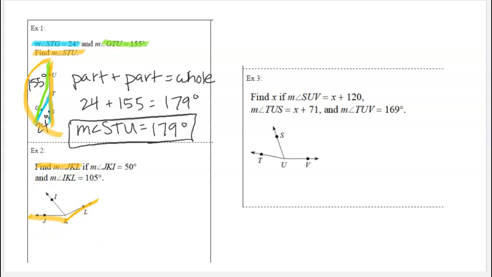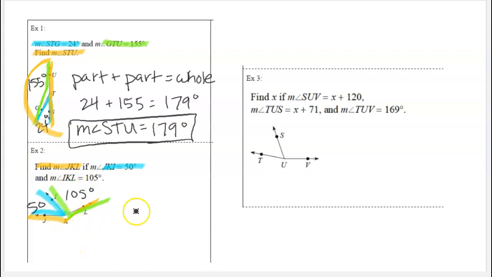JKL appears to be the whole angle in this question. I'm given that JKI is equal to 50 and IKL is 105.